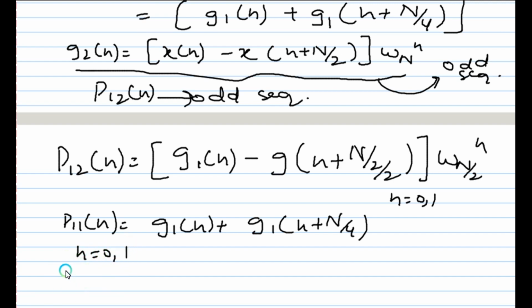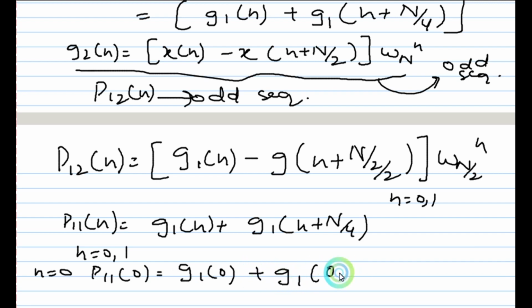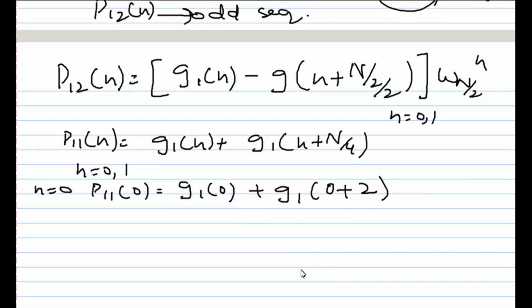For n equal to 0, I get p11 of 0 equivalent to g1 of 0 plus g1 of 0 plus N by 4. N we have assumed is 8, so 8 by 4 will be 2. So that will be g1 of 0 plus g1 of 2.